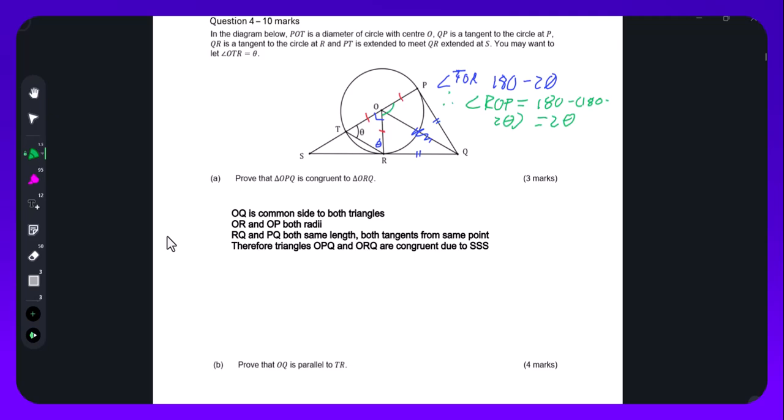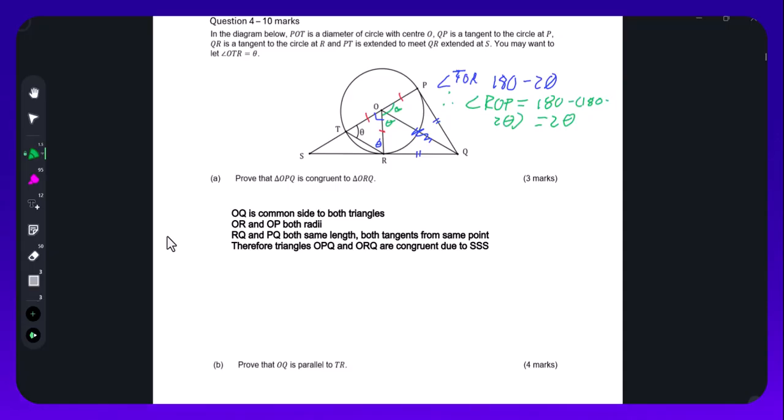And therefore, each of those will be theta, because that line is bisected by the Q. Remember these sides are the same, all the sides are the same, these are identical triangles. So this big shape here, OPQR, has been cut in half.